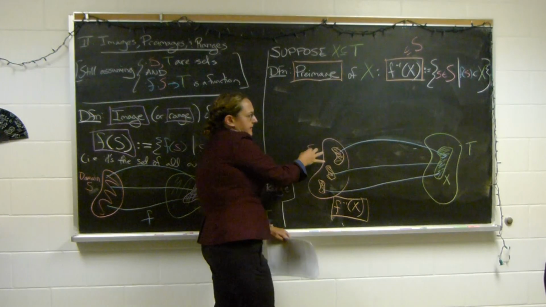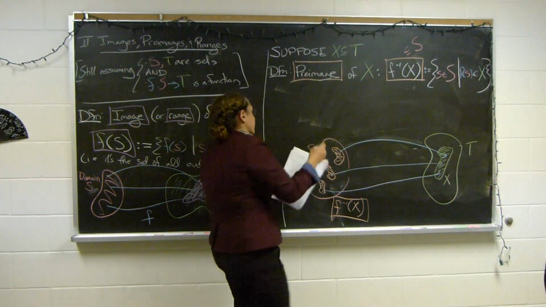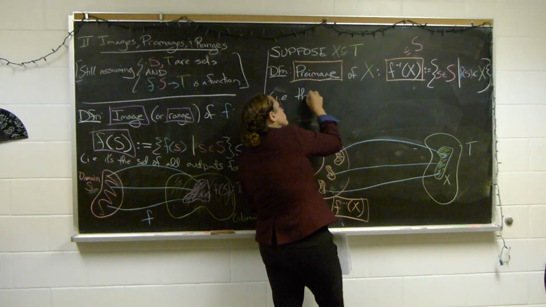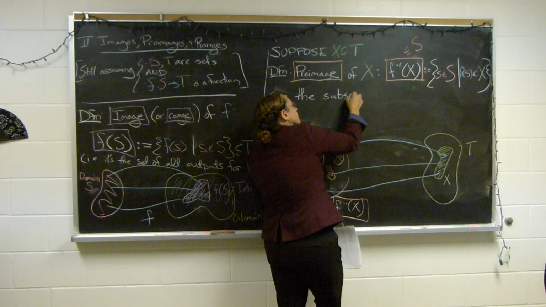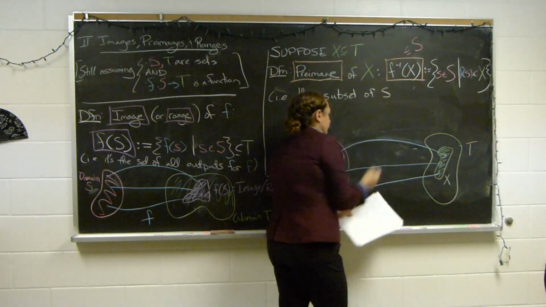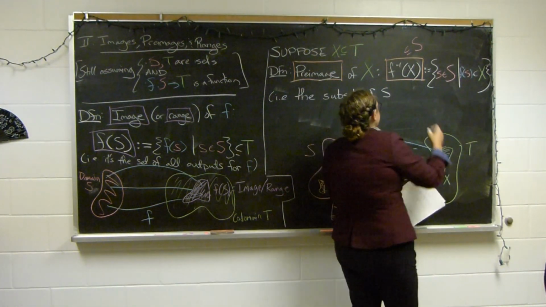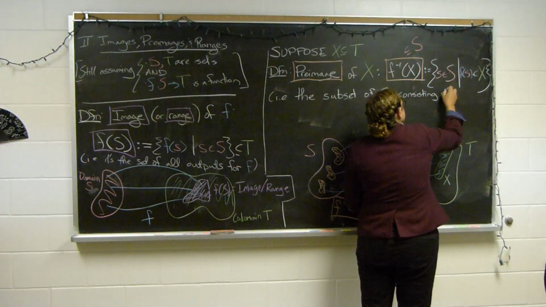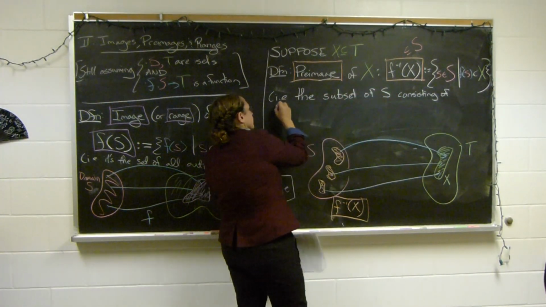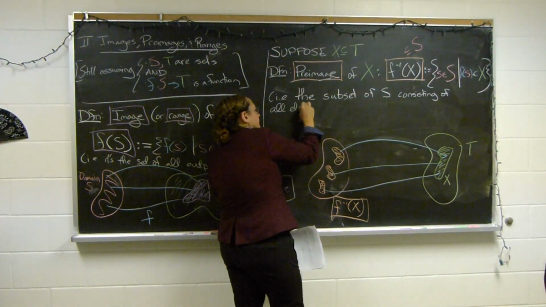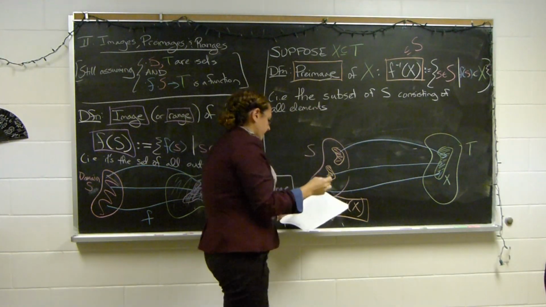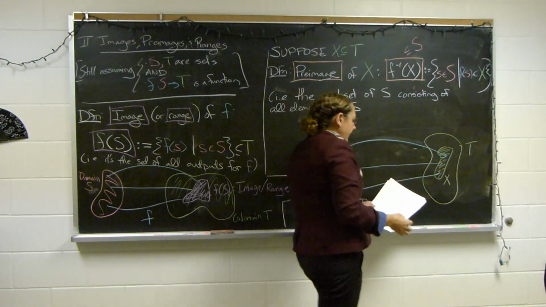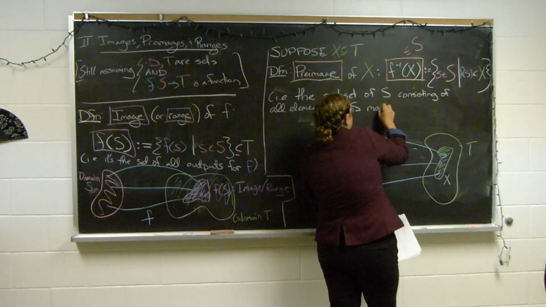It's a set that lives inside of S. I.e., this is going to be the subset of S consisting of all elements of S mapped by F to an element of T. Sorry, to an element of X.